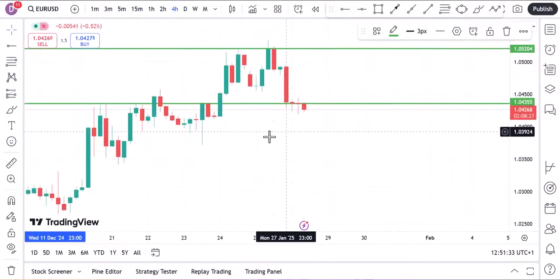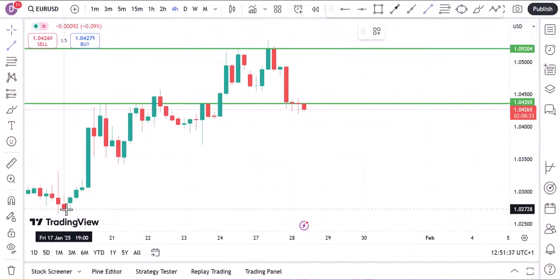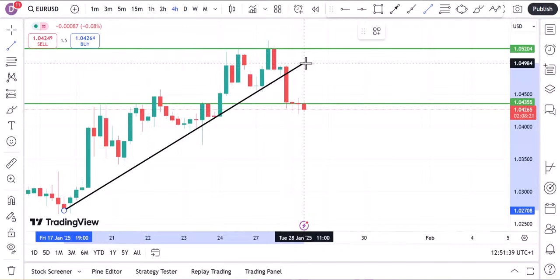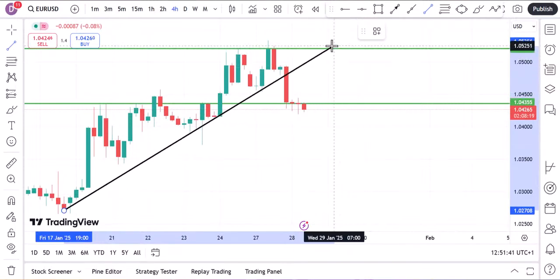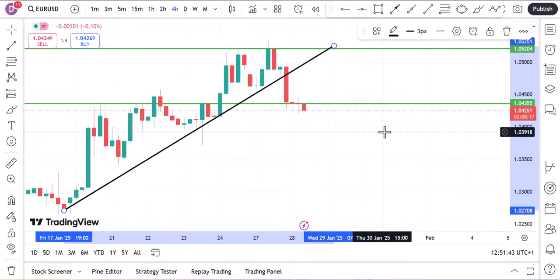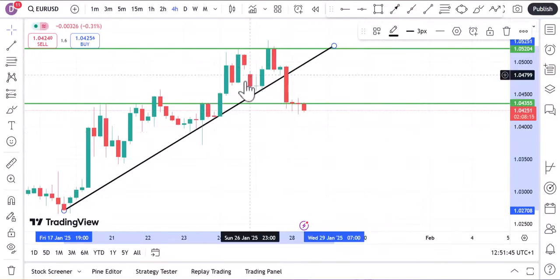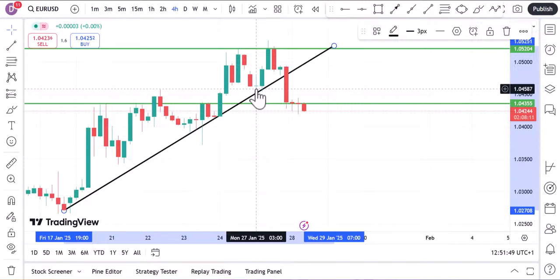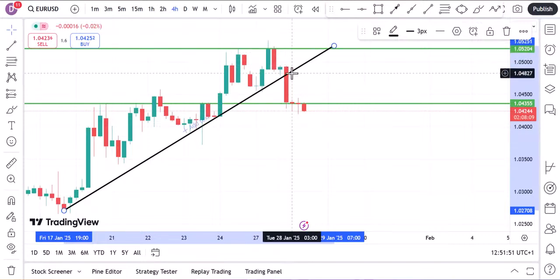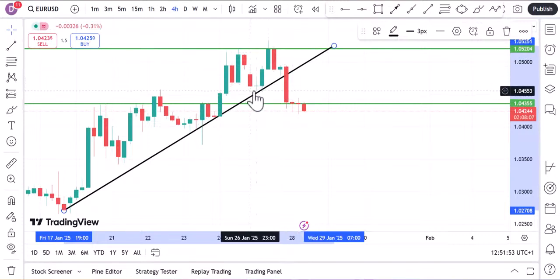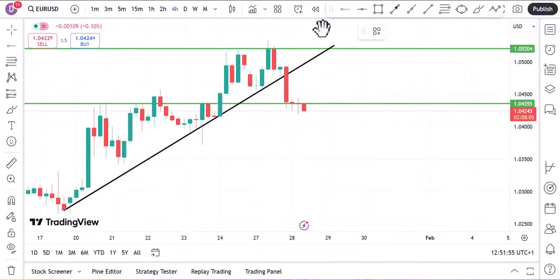On 4-hour time frame, we can see that there was a trend line here. So if you watch our weekly outlook, we drew this trend line. I can remember, and if you have been part, I think you made some money down to this. And we can see that also a support level here has been taken out.